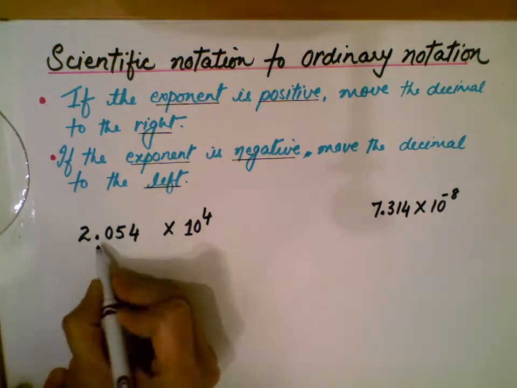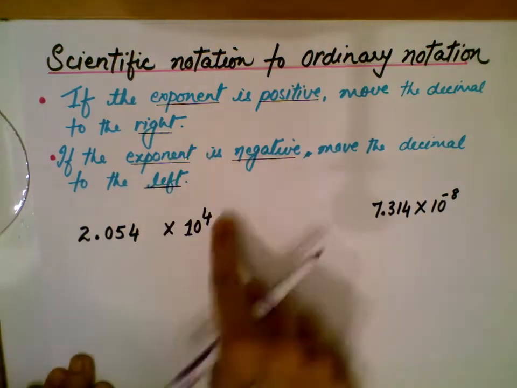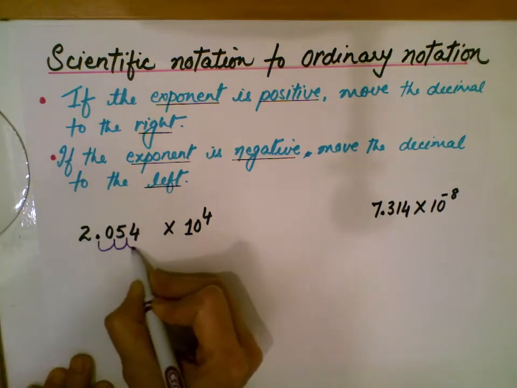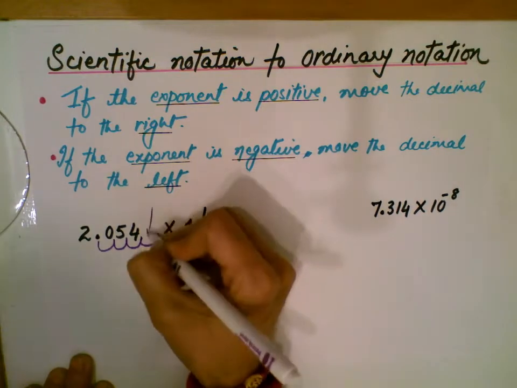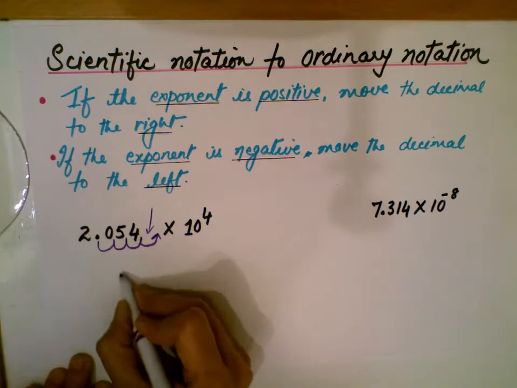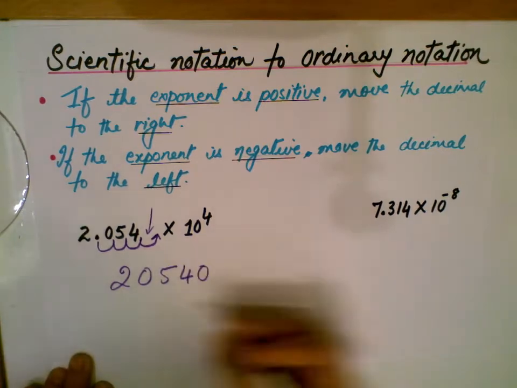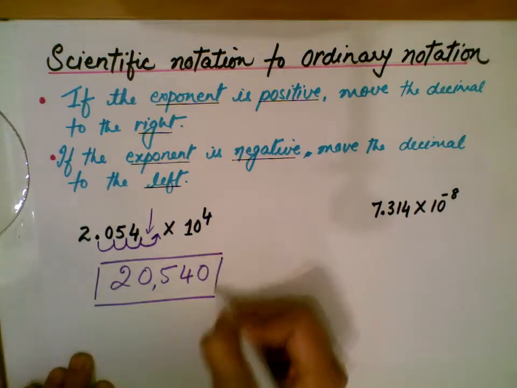So I'm going to move my decimal to the right. How many places am I going to move? It says 4. So 1, 2, 3 and then 4. So I'm going to place 1 0 here. This will become 20,540. And I put my comma there. So this is my answer.